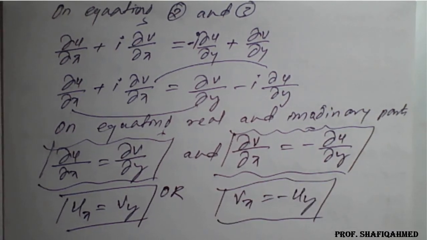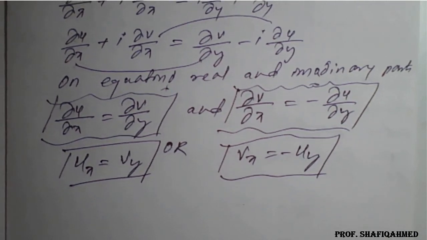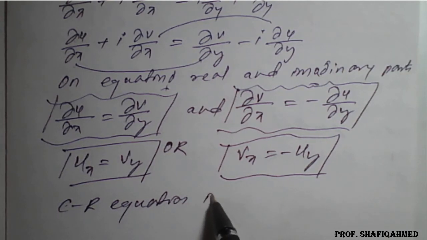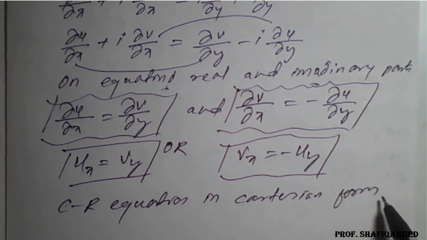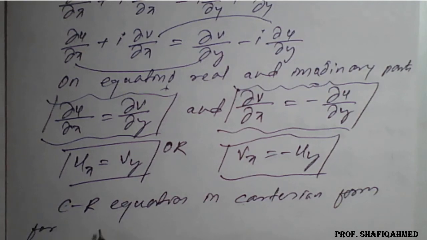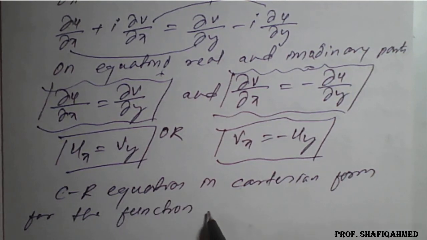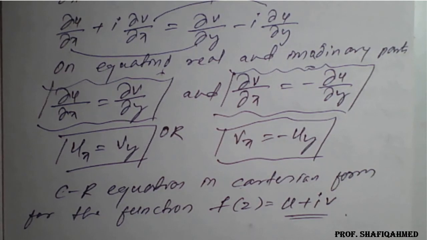So this is the CR equation, a necessary condition, that is, the Cauchy-Riemann equation in Cartesian form for the function f of z is equal to u plus i v.